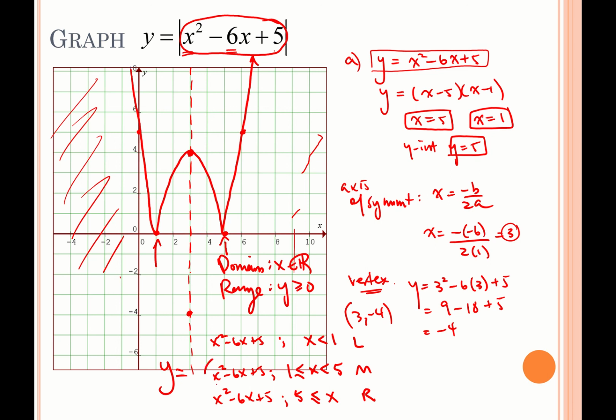So you put a bracket around the middle equation, and you put a negative sign in front, and that will be your piecewise function. What it's saying is, when you look at the left and the right of the graph, you would graph the same thing as this parabola. But in the middle, you would have to put a negative sign in front, indicating that to graph this absolute value function, the middle part would be flipped upside down. Okay, and that will be your graph.